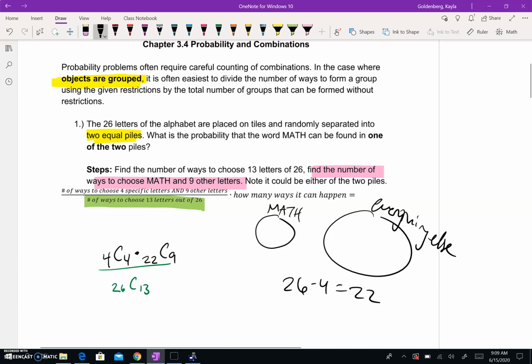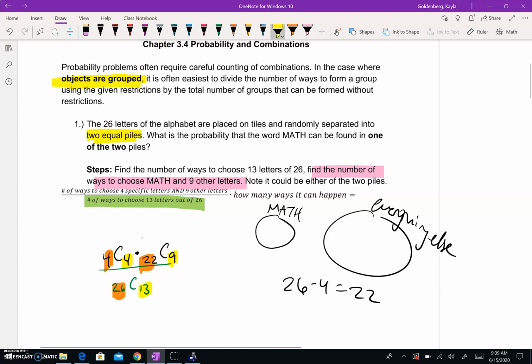And I want to point out something that has helped my students in the past with their understanding. Notice how these numbers connect. This is the way that I look to double check my work: I look to see that my total on the bottom, the total of 26, matches with combining my totals on the top.